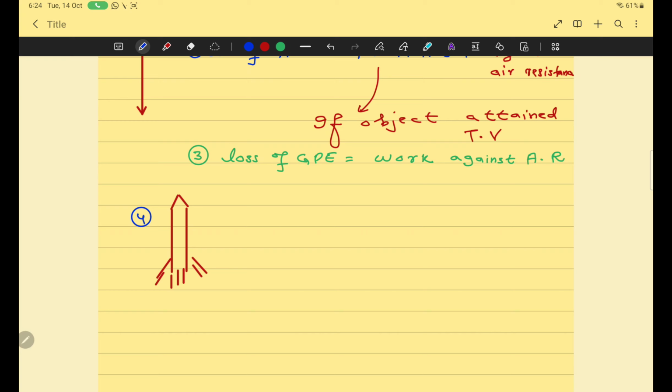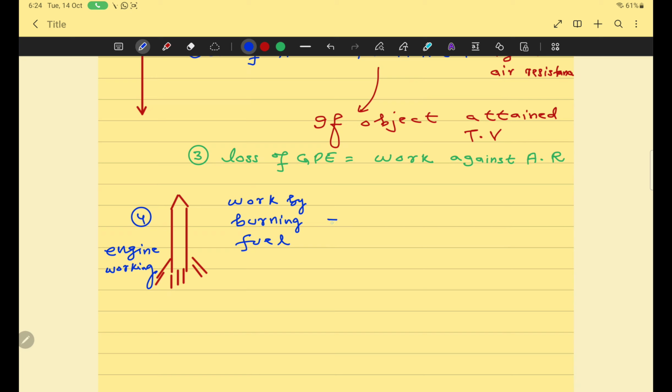When an aircraft or rocket is launched upward, obviously the engine is working. And if the engine is working, then obviously fuel is burning out. So work is done by burning fuel.